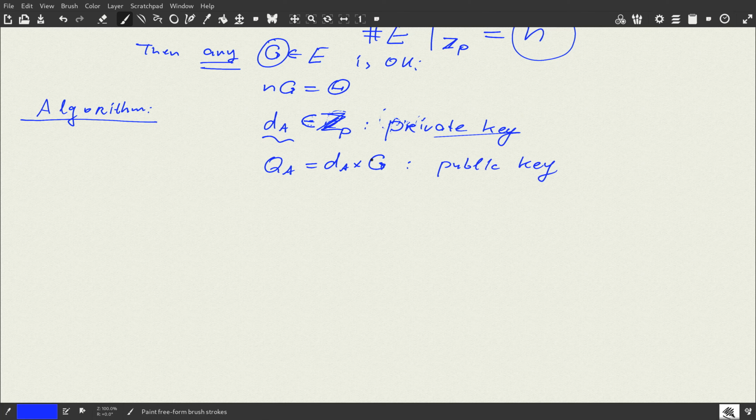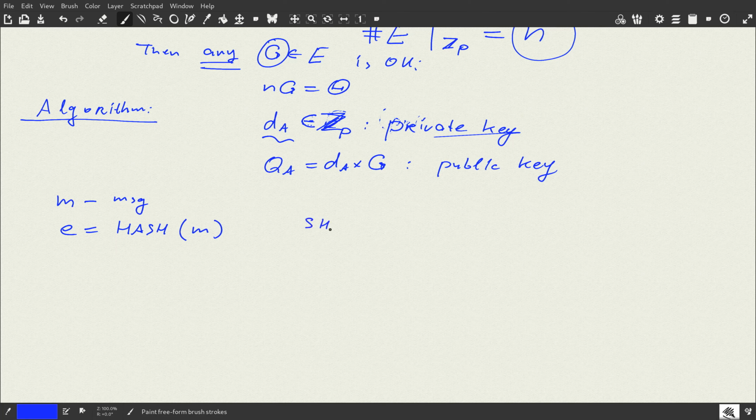For a large dA, as we already know, it is not possible to reconstruct dA from QA. Then, given a message M, which is considered to be a bit string, we first construct some hash using whatever cryptographically strong hashing algorithm is available.